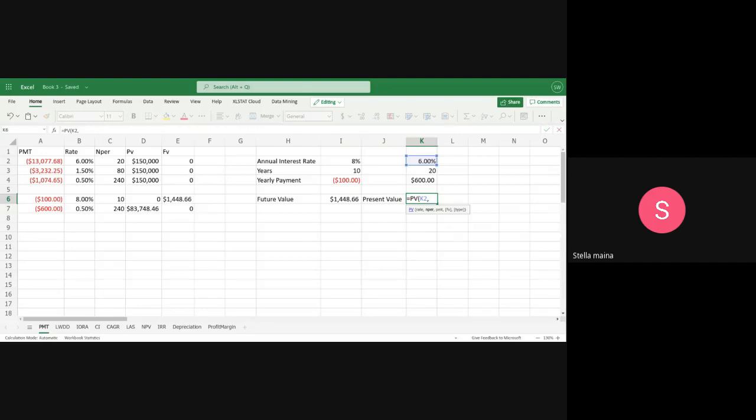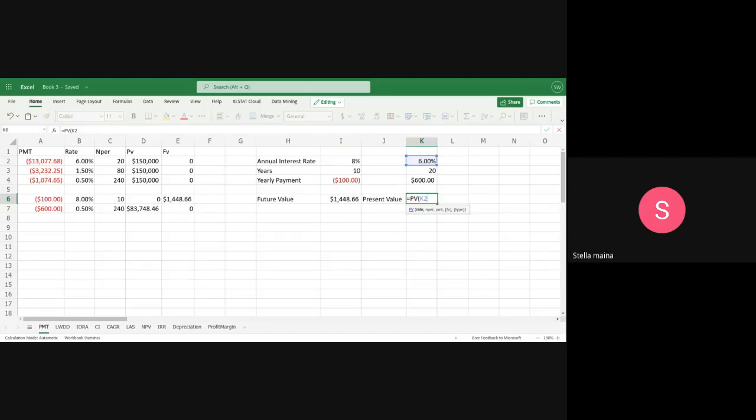So what I'm going to do is divide the interest rate by 12, and then multiply the years by 12 so that you get it in monthly terms, and then use the monthly payment as is.